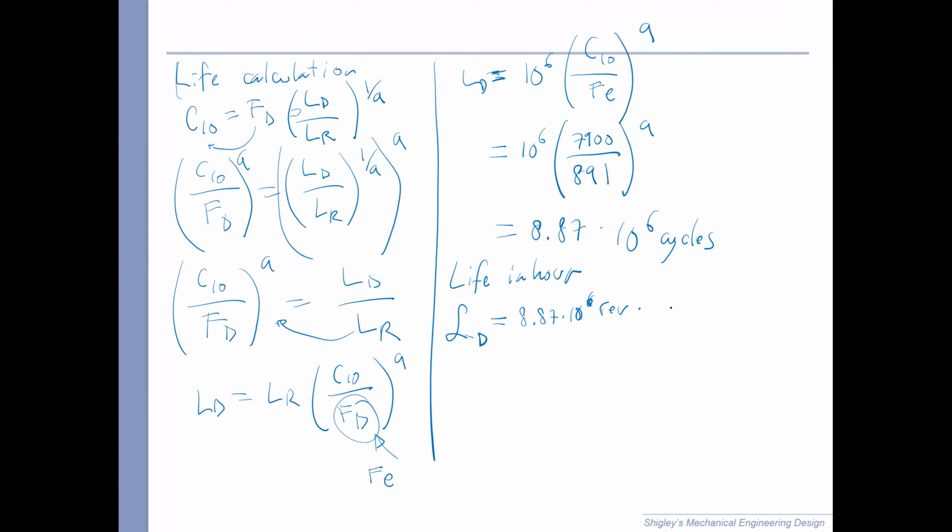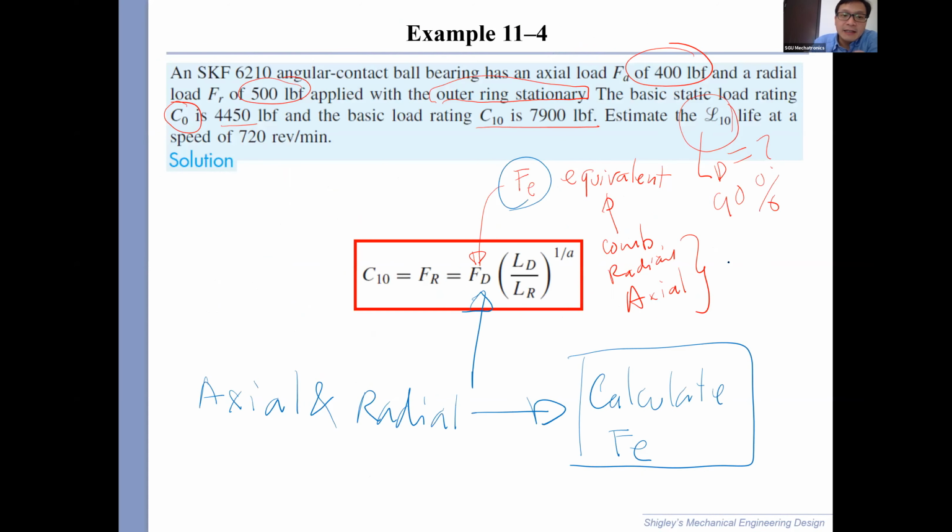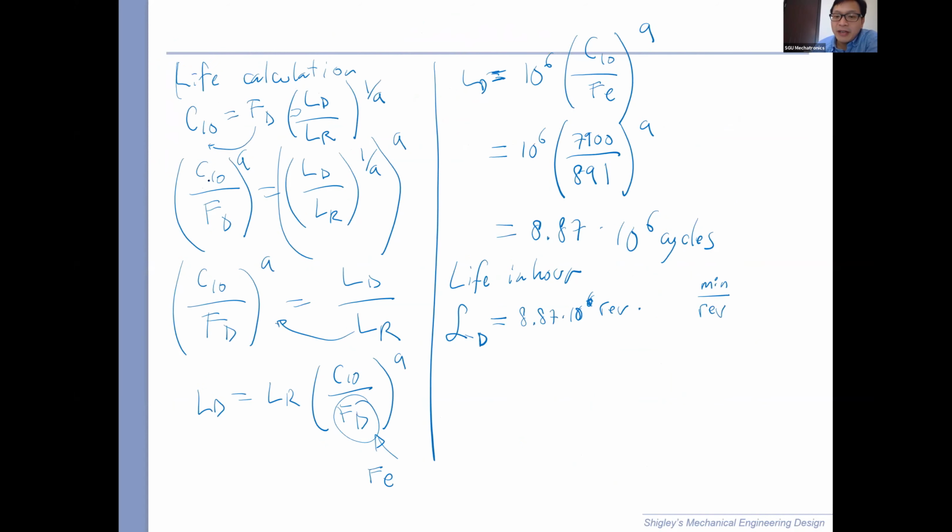Okay. Because this revolution happens multiple times and it's given by the RPM, right? So how many hours will depend on the RPM, but because I want to scratch out RPM, right? I actually do a division. So I'm doing 720 revolution in 1 minute. That's how I write it.